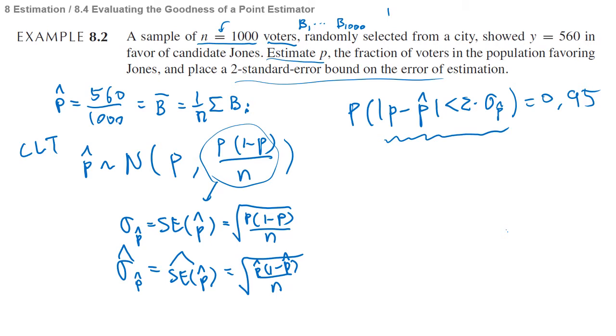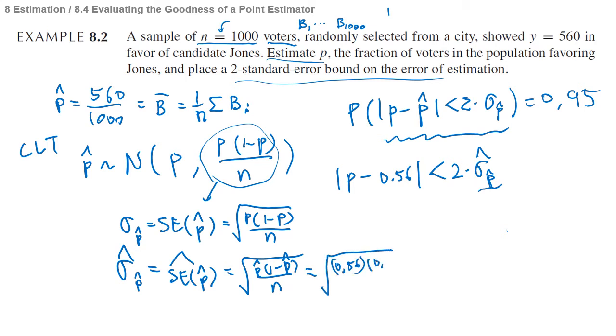So we can say the absolute value of p minus 0.56 is bounded by 2 times the estimated standard error, which is the square root of 0.56 times 0.44 divided by 1000.